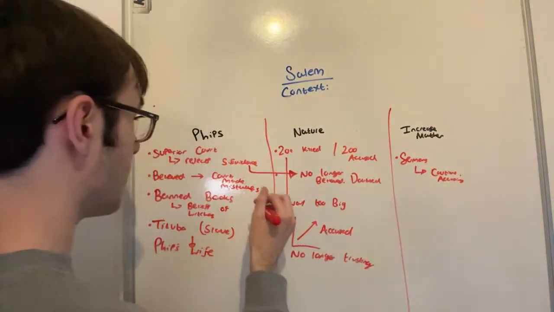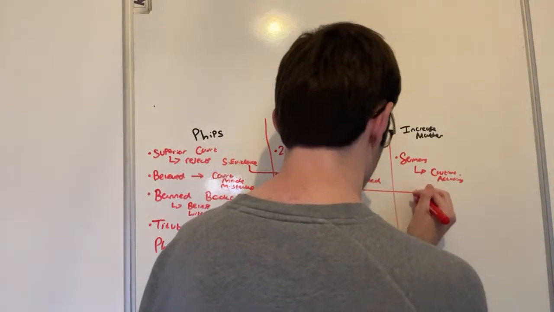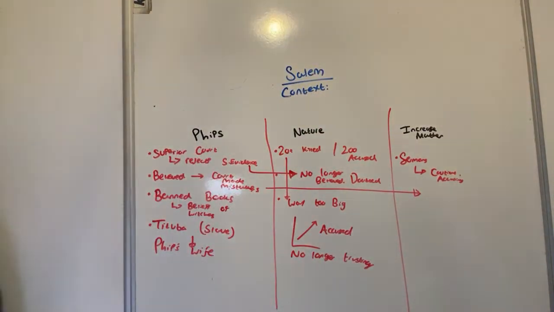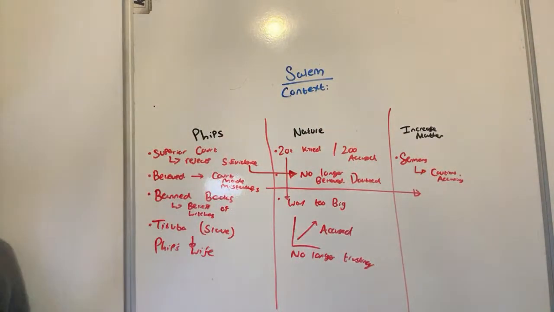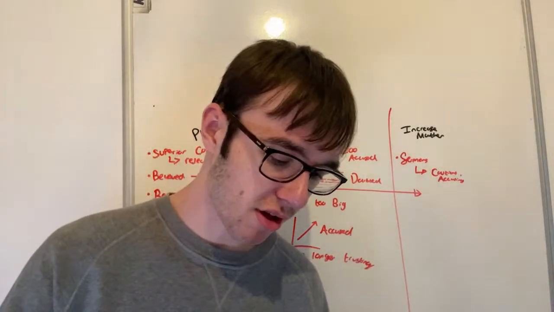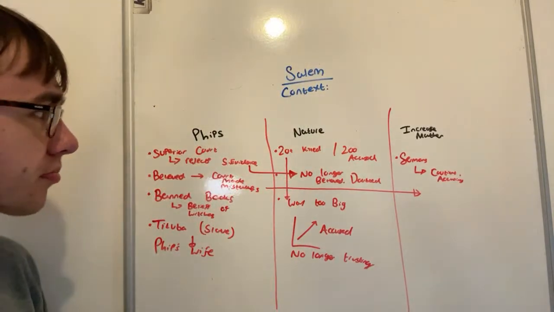And you could link that to Governor Phipps, who believed the courts were making mistakes. So did Increase. He also believed the courts were making mistakes. So, that is why the Salem hunts ended.